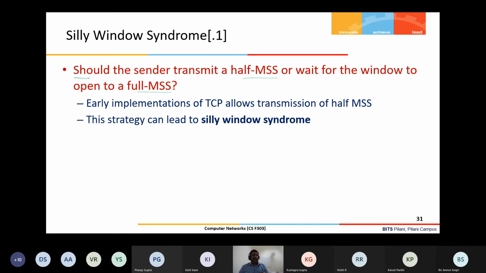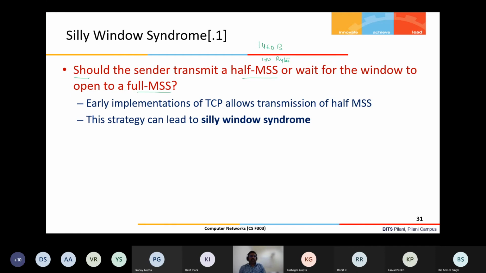Suppose the TCP sender has some data which is less than the MSS, the maximum segment size. Let us say the maximum segment size is 1460 bytes, and currently the sender has, say, 100 bytes of data received from the application.